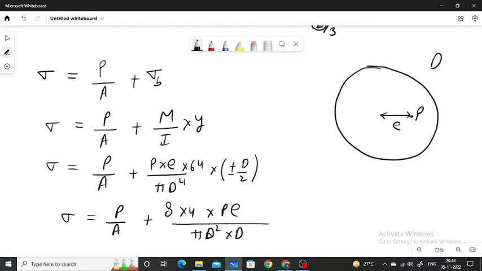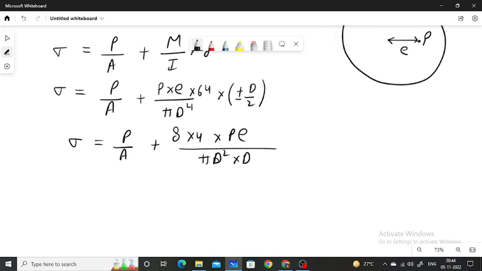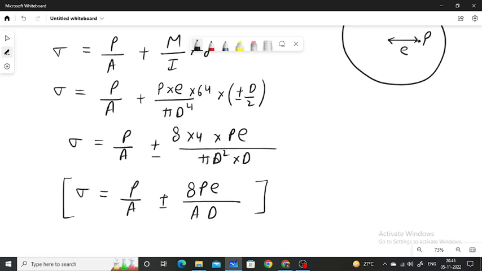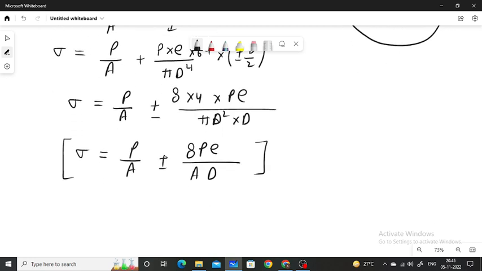Now pi d square by 4 is the cross-section area of this circular section. So P/A plus minus 8 Pe upon A into diameter. This will be the total stress induced in the column whose cross section is circular.